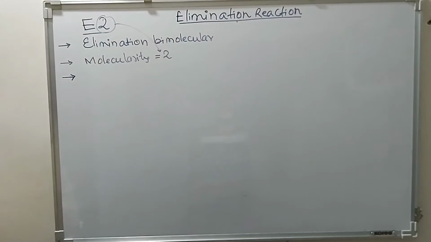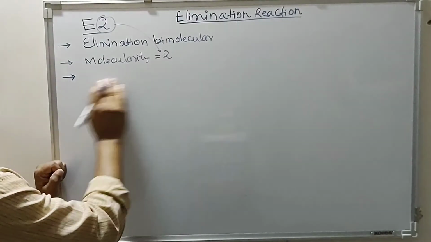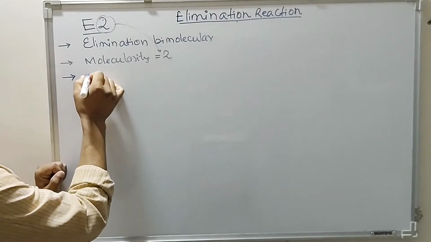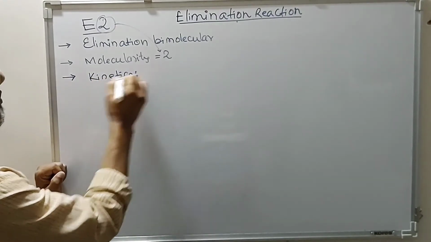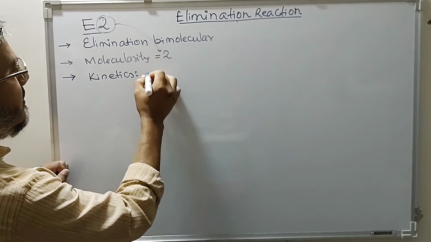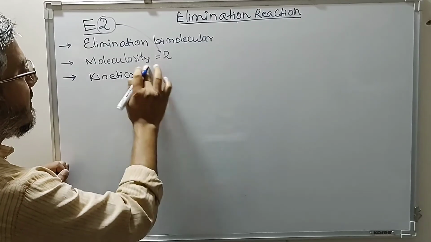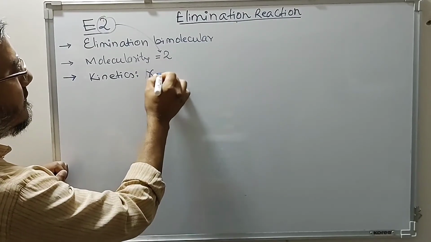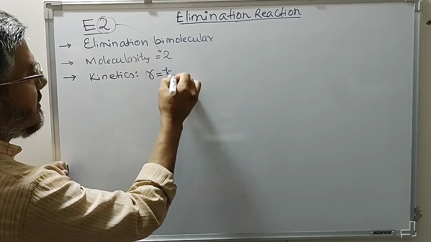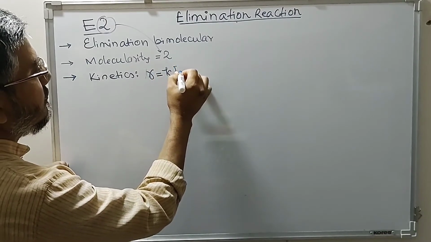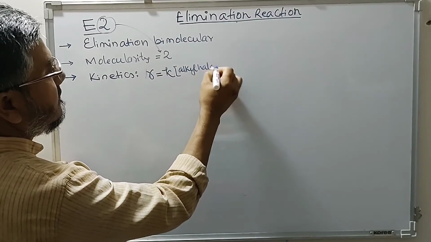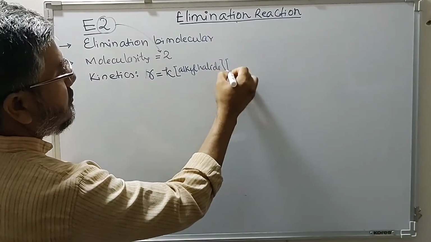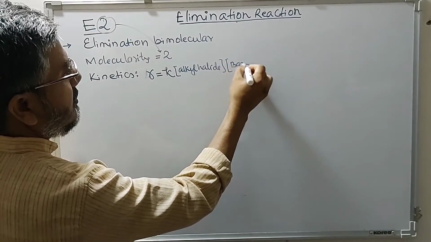This E2 reaction, the kinetics of the reaction says rate of reaction is equal to rate constant k into concentration of alkyl halide and the concentration of base.